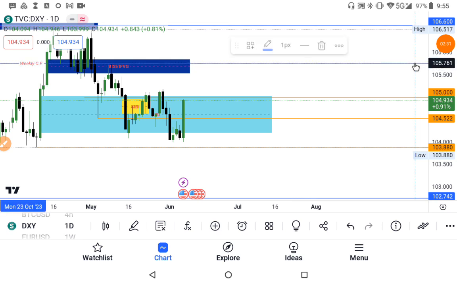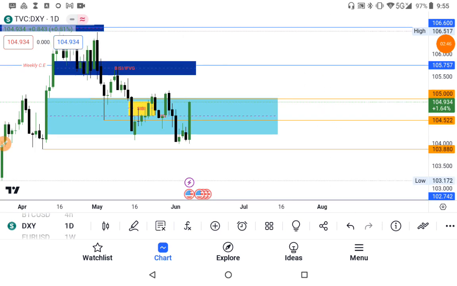Let me make use of this. 105.500. Let me change the coordinate of this. What is wrong in my network?